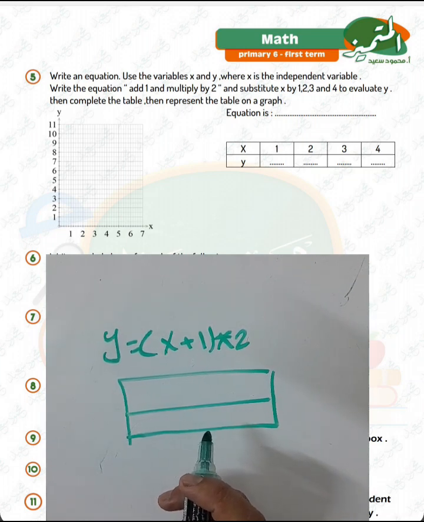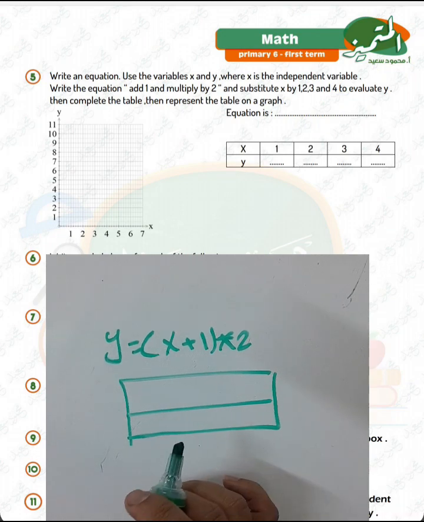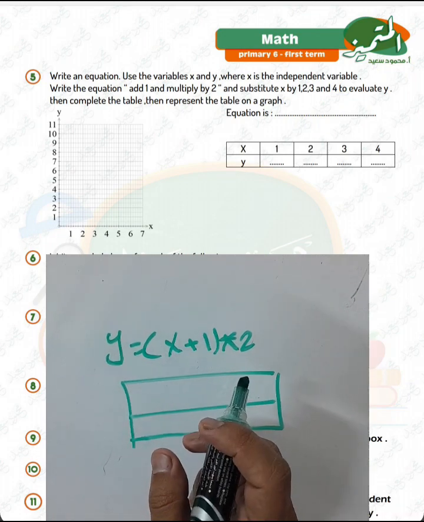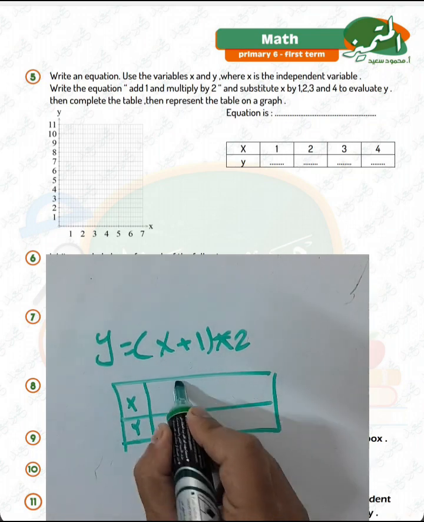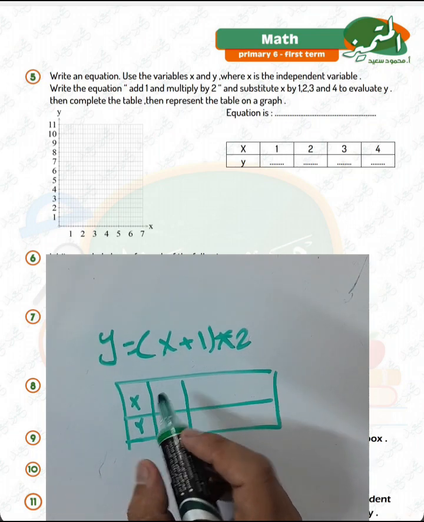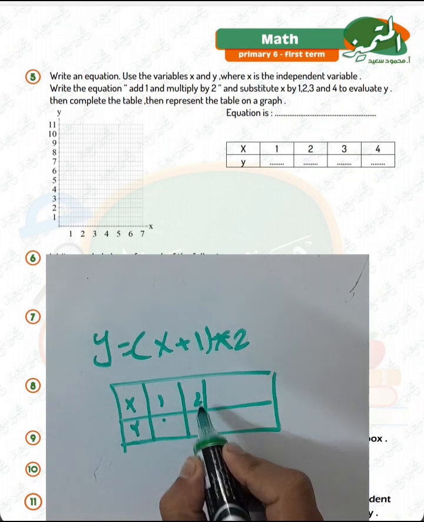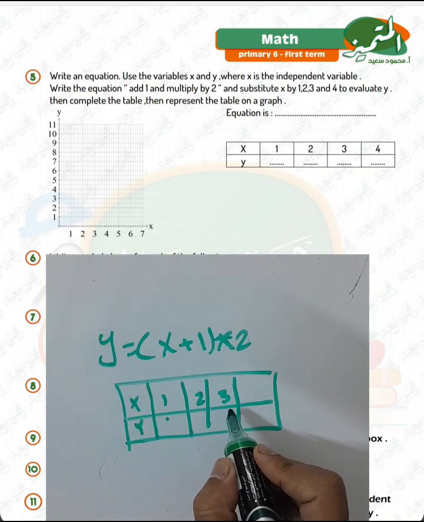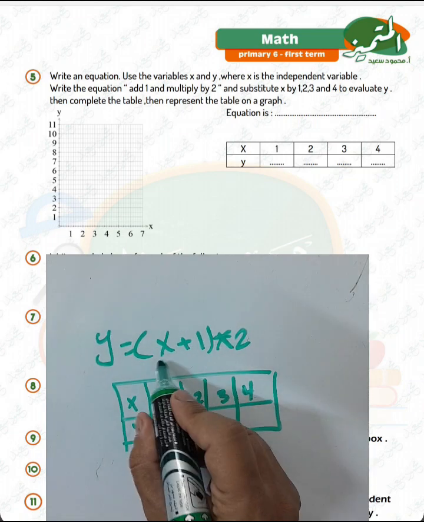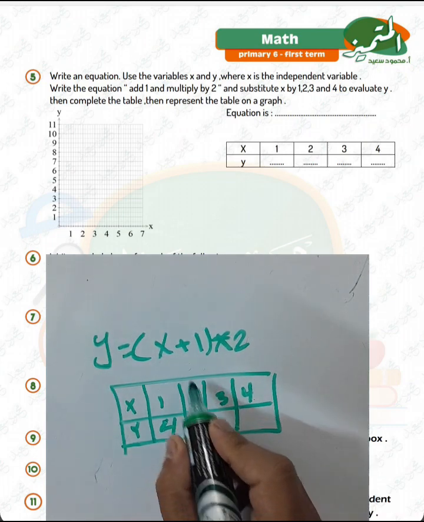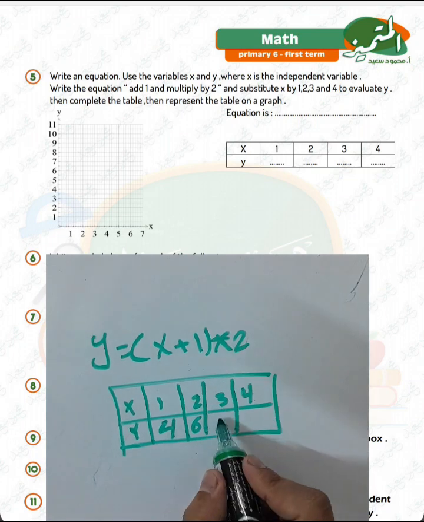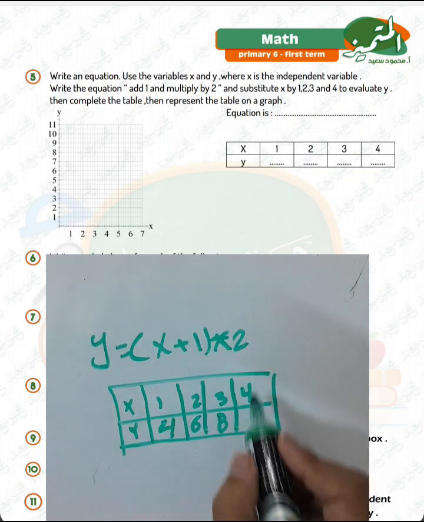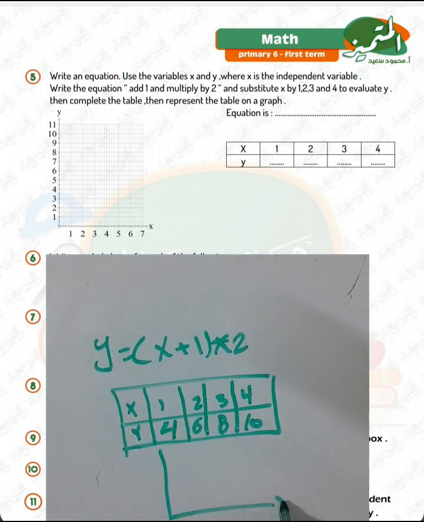Substitute x by 1, 2, 3, 4, and so on. We can write x and y, substituting 1, 2, 3, and 4. 1 plus 1 is 2, 2 times 2 is 4. 2 plus 1 is 3, 3 times 2 equals 6. 3 plus 1 is 4, 4 times 2 equals 8. 4 plus 1 is 5, 5 times 2 equals 10.